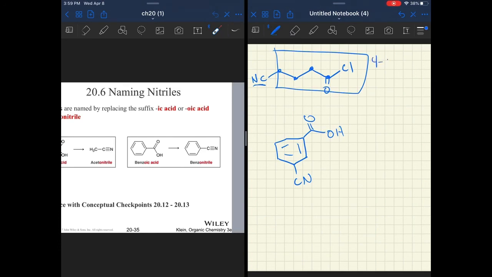So this is a 4-cyanobutanoyl, right? Butanoic becomes butanoyl chloride. Down here, your carboxylic acid is your high priority. It is going to be a meta, or 3-cyanobenzoic acid.